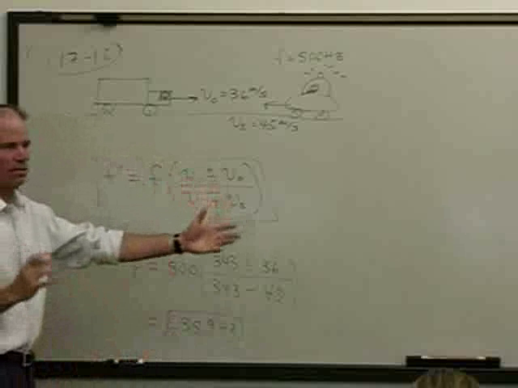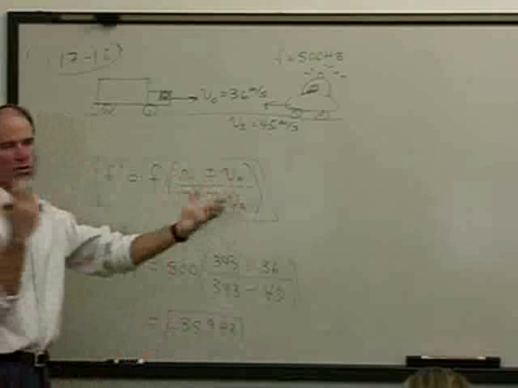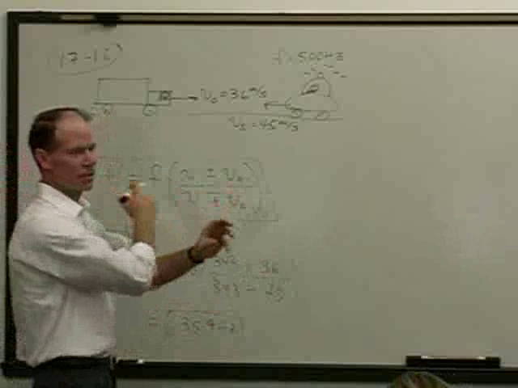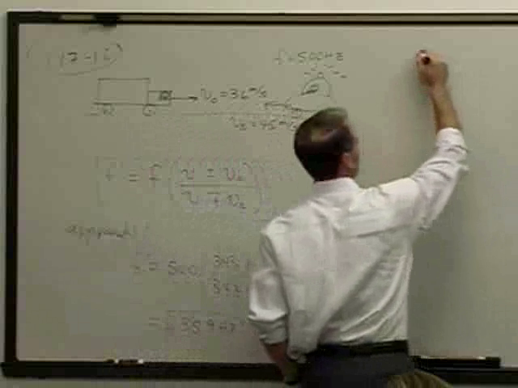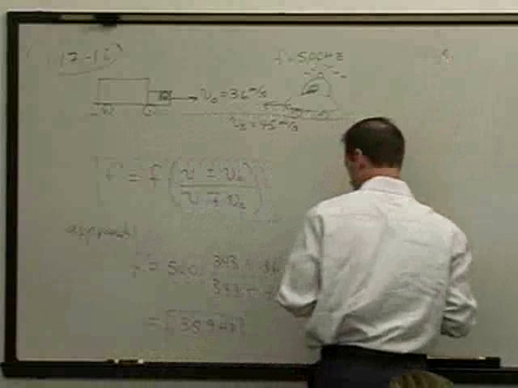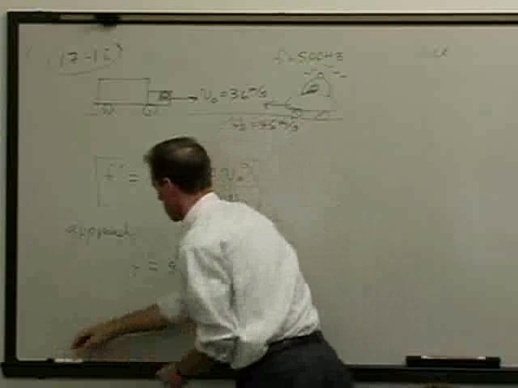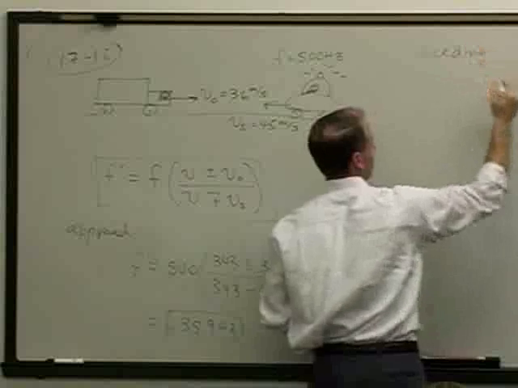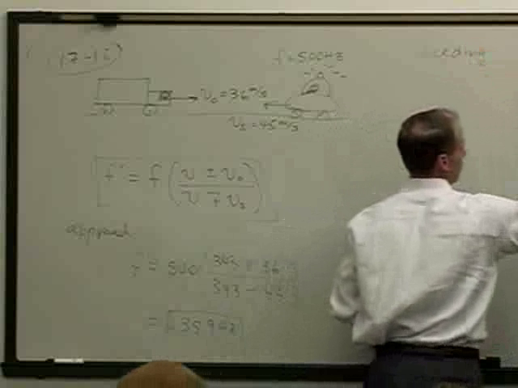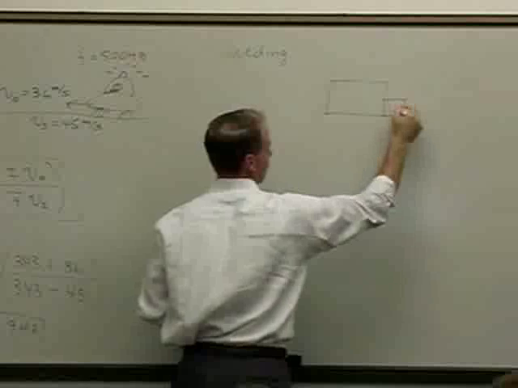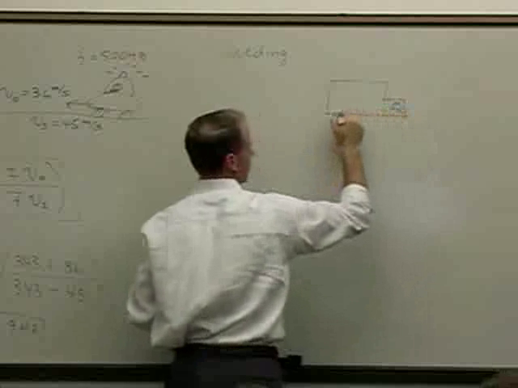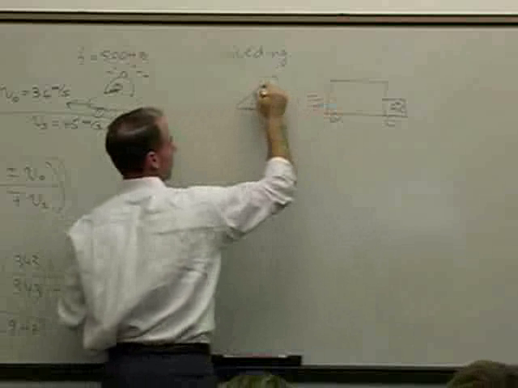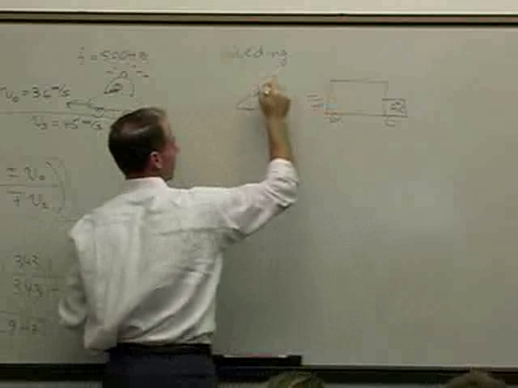Two things going on, increasing the frequency. We're both moving towards each other, so that's going to increase the frequency a lot. They pass each other, so they're both receding. Now the truck is over here, the police car is over here.